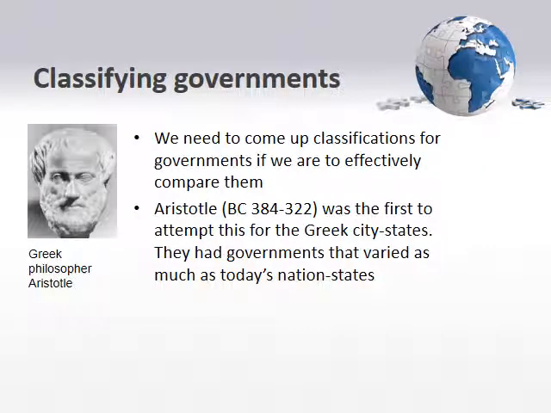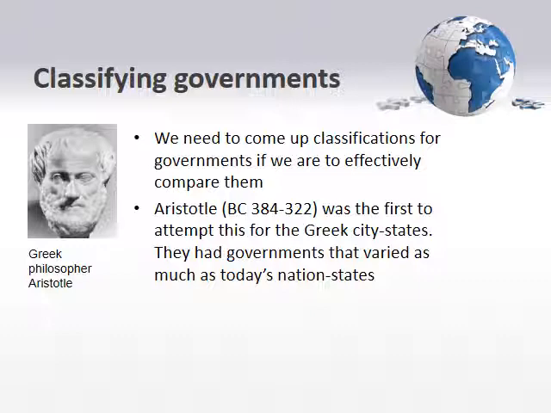Since the objective here is the study of comparative politics, we need to identify classifications for government so we can effectively compare them. Aristotle was the first to understand that this was necessary to compare different political systems. And he attempted to do so for the Greek city-states of his time, classifying them as either monarchy or an aristocracy or a polity, which would be something more similar to democracy.